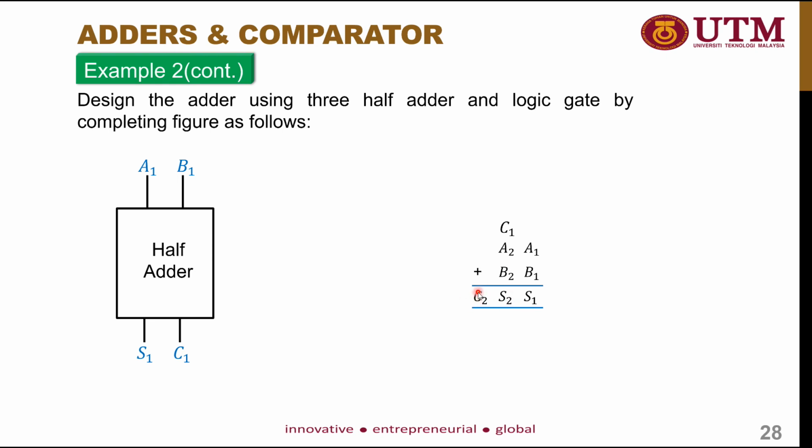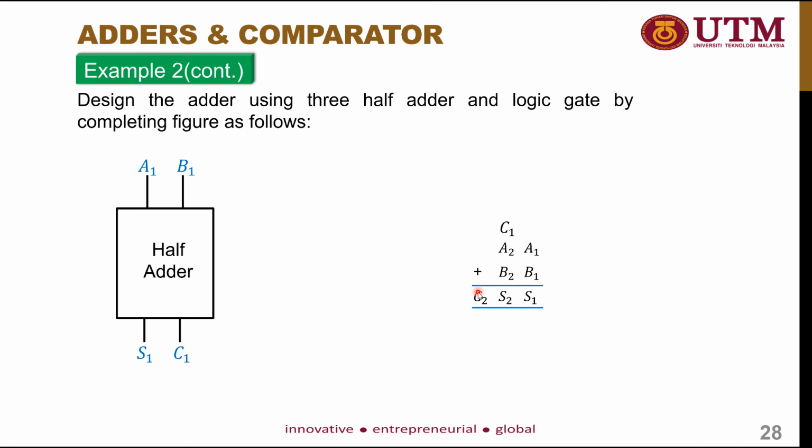So in your opinion, what type of adder has a total of 3 different inputs? I'm sure you already know, right? Because a half adder has 2 inputs, but a full adder has a total of 3 inputs.